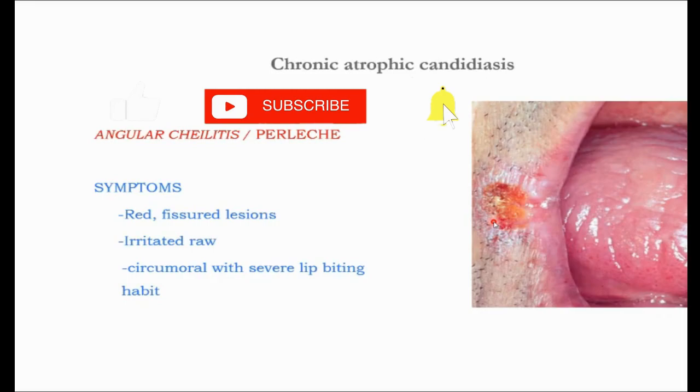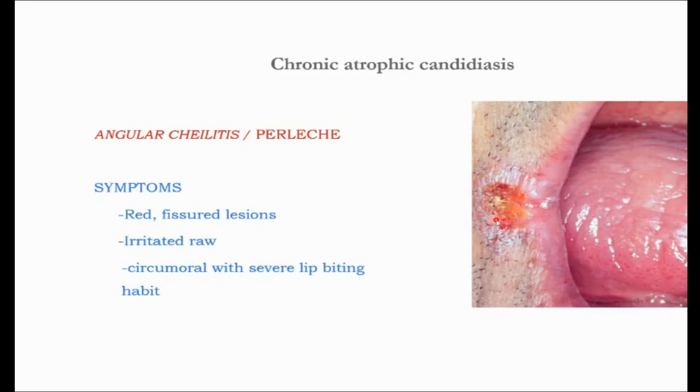This is the most commonly used area, right? You're constantly talking, you're eating, you're drinking. So your mouth is one of the most active areas of the body. So it is always irritated and raw because whenever you move, it doesn't have time to heal.